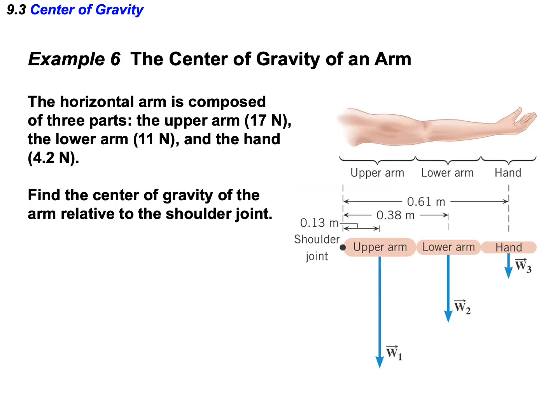In this example, you are asked to calculate the center of gravity of the arm relative to the shoulder joint. So with respect to this point, what is the X center of gravity? The upper arm has a weight, and you can use the center of the upper arm, which is 0.13 times weight 1, and this length times this weight, which is 0.61 times weight of lower arm.